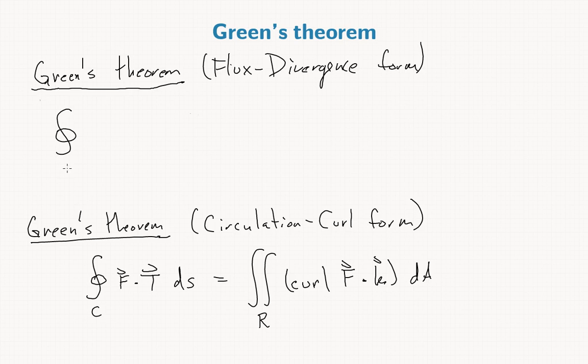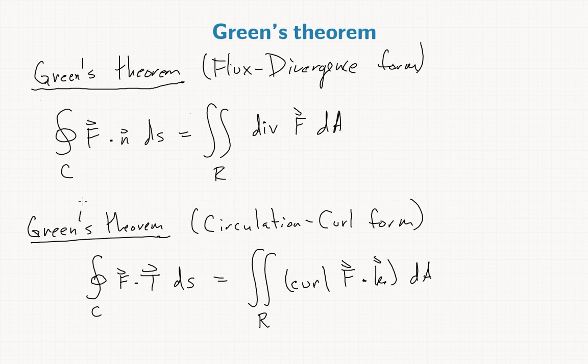It says that the integral over C of F dot the normal vector ds is the integral over R of the divergence of F dA.